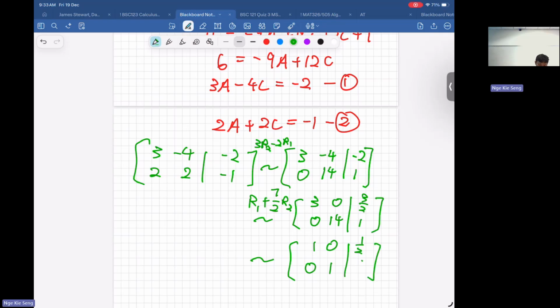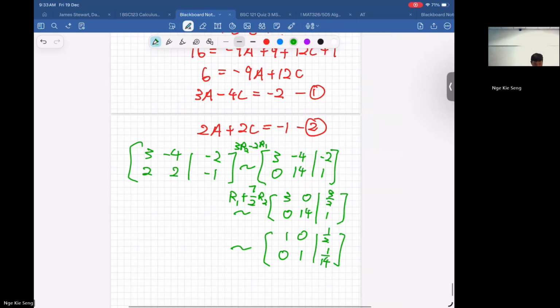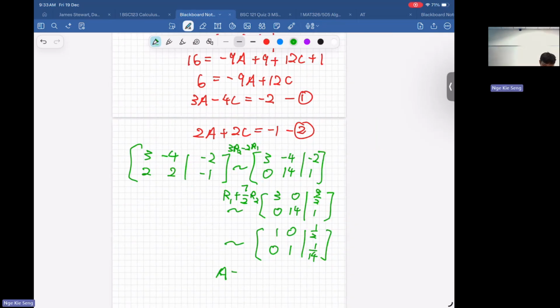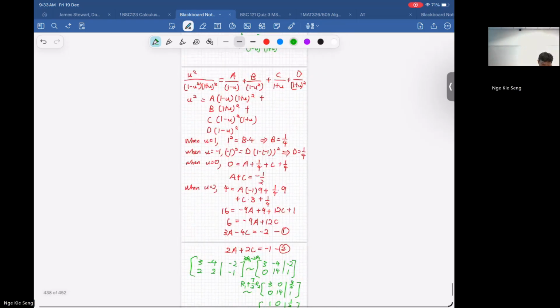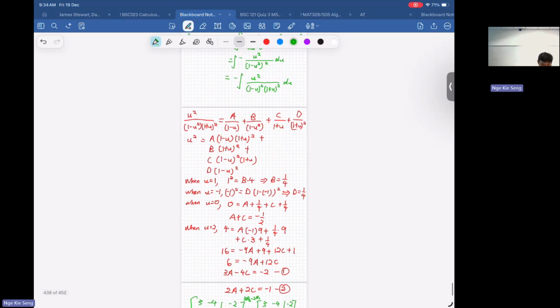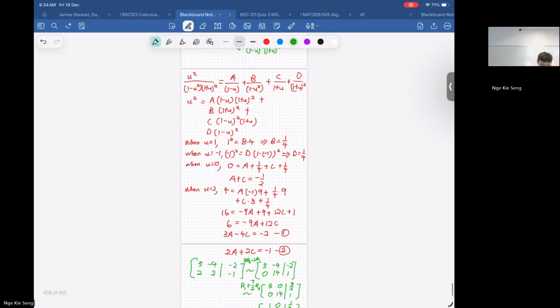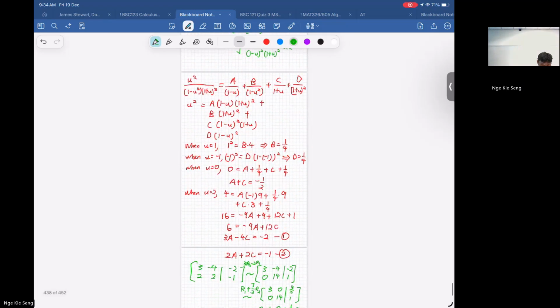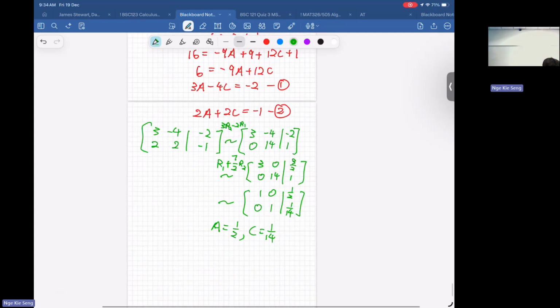And then this one you get 1 over 4. Okay, so A equals 1 over 2, and C equals 1 over 4. Is it so complicated? I'm doubting. Okay, let's try writing down first.